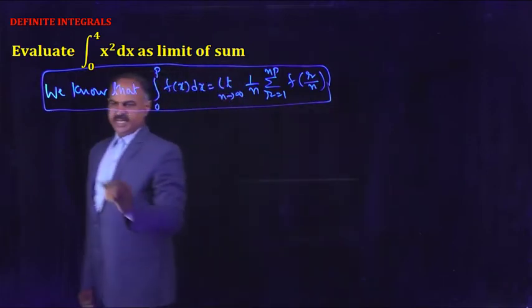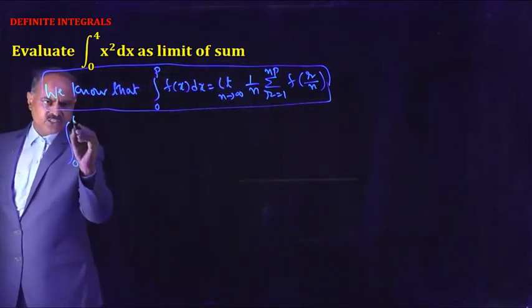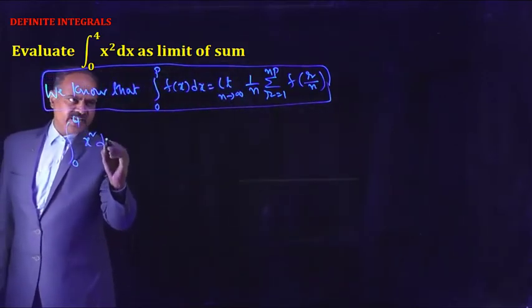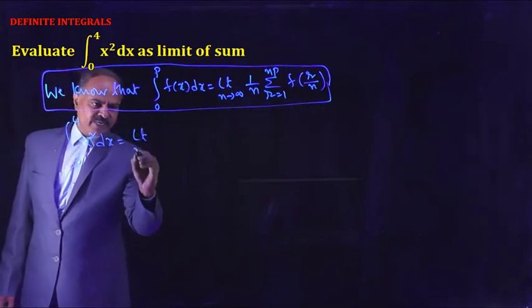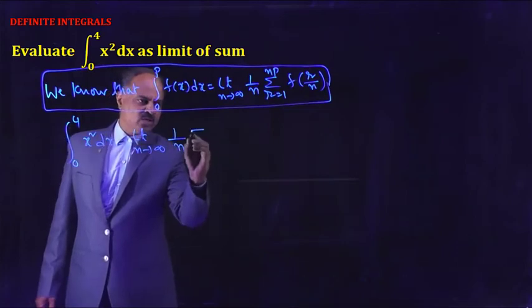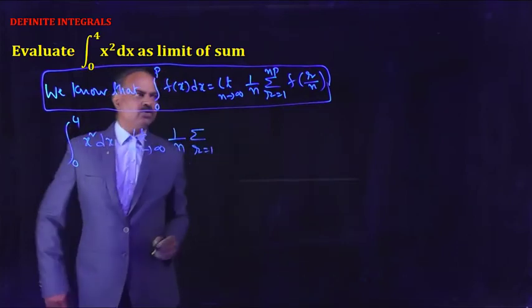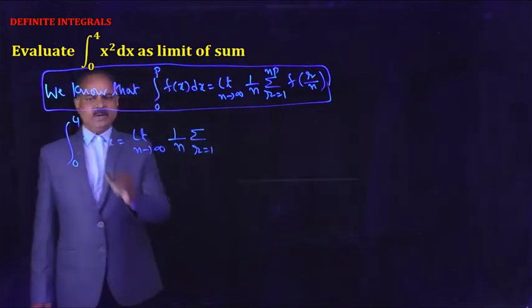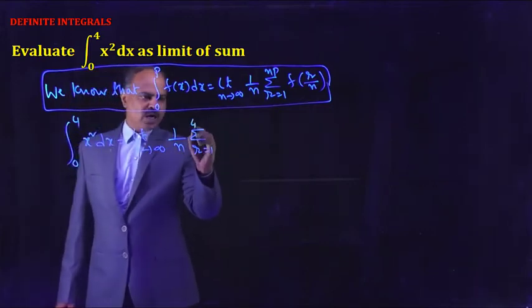Here, given integral 0 to 4 x square dx. Now this is equal to limit n tends to infinity 1 by n into sigma r equal to 1 to np. So here p equal to 4, r equal to 1 to 4n.